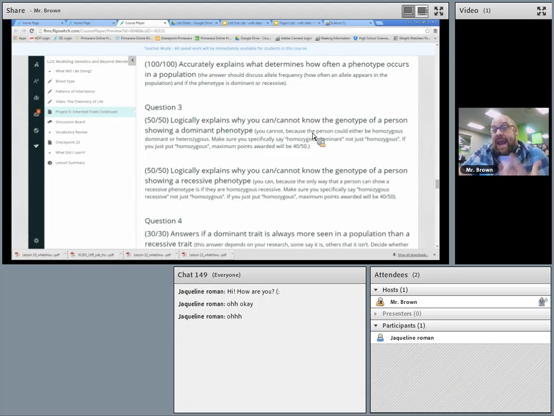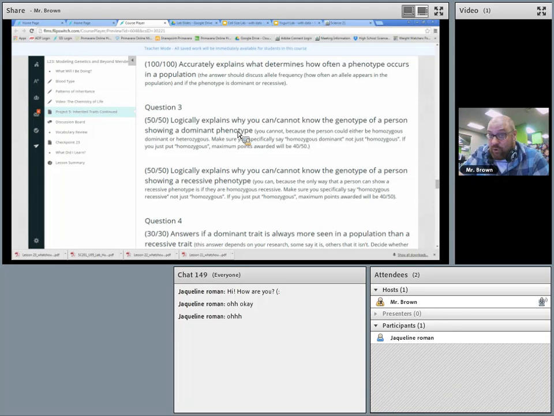You can tell with a recessive trait because a recessive trait only takes 1 genotype. There's only 1 possible way to get a recessive trait, like with attached earlobes. We saw that with little e. You can only have 1 genotype. So for the dominant phenotype, no, you can't tell.